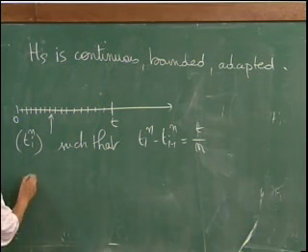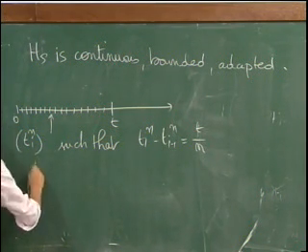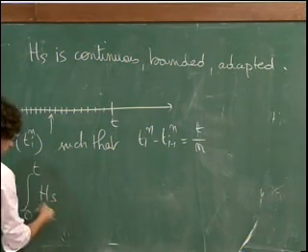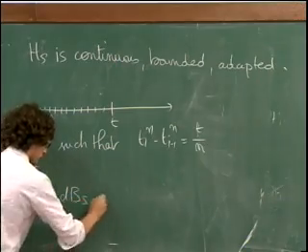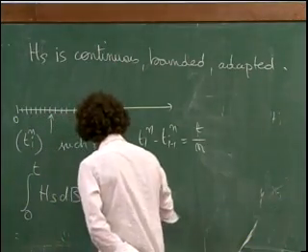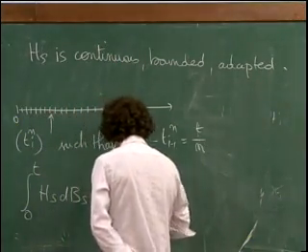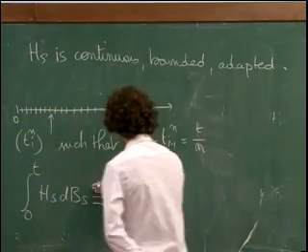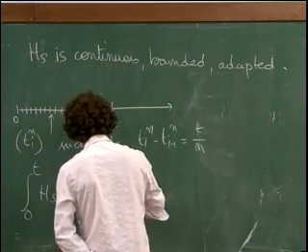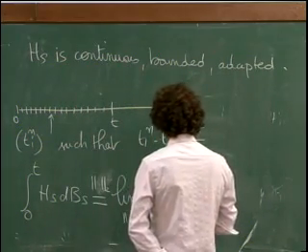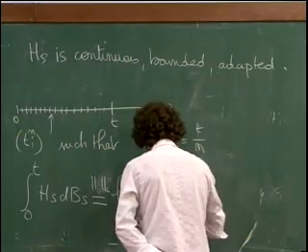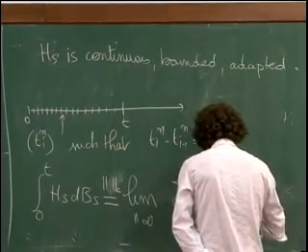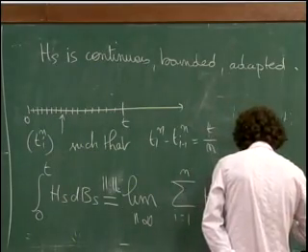Okay, the property is that the integral between 0 and t of H_s dB_s is just the limit when n goes to infinity, and the limit is in L2, so for the norm 2, if you prefer, of the sum for i equals 1 to n of H_{t_i} (B_{t_i} minus B_{t_{i-1}}).